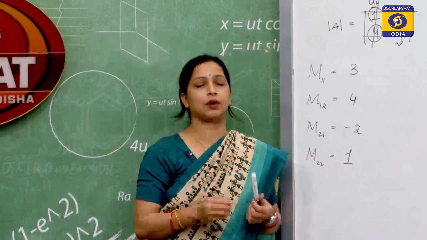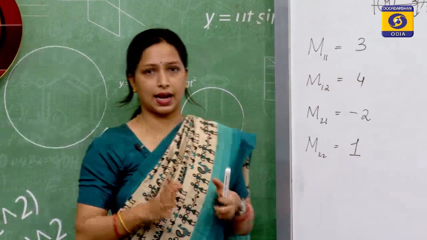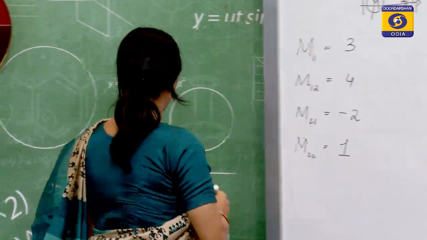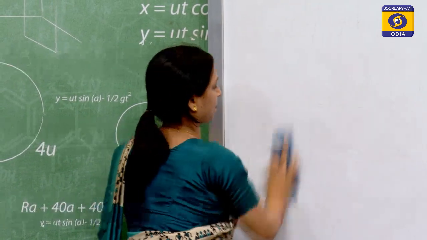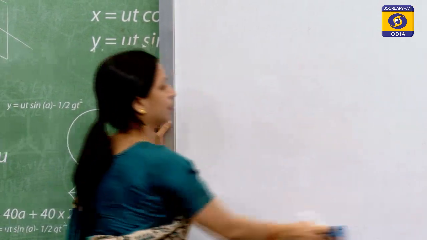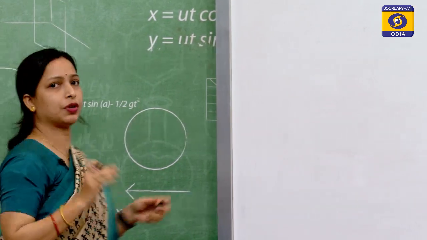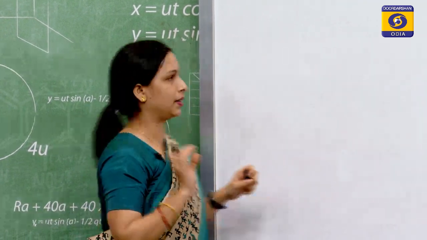Now, let us find out the minors of an order 3 determinant, where there are 9 elements, 3 rows and 3 columns, right. Like I said before, we have to first convert it to a second order determinant, and then you find out the minors, right.